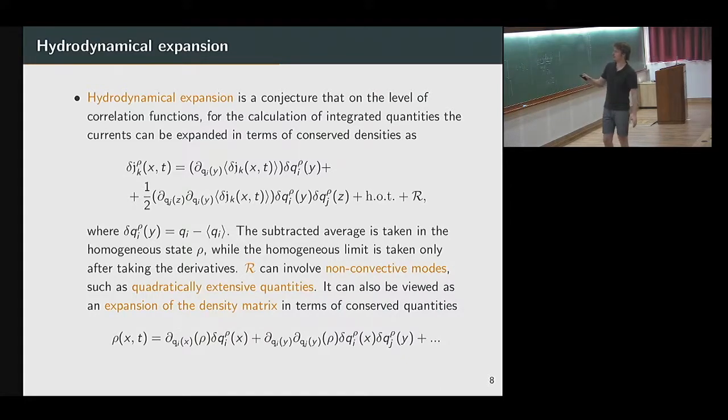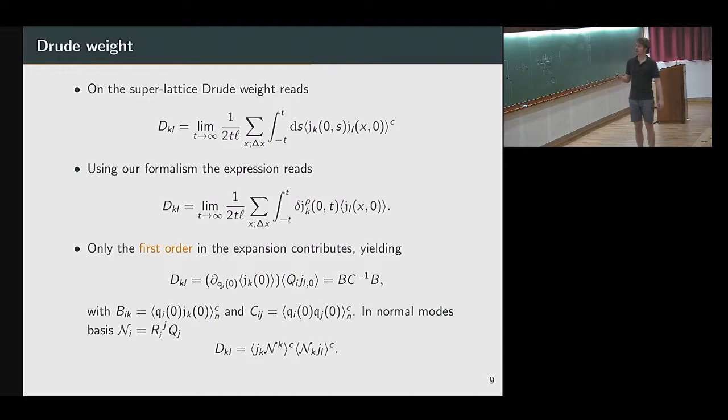The other view of this is basically that I'm expanding my density matrix in terms of fluctuations of my conservation laws. And I can do that to calculate the Drude weight. So I just write my Drude weight in terms of hydrodynamical currents.